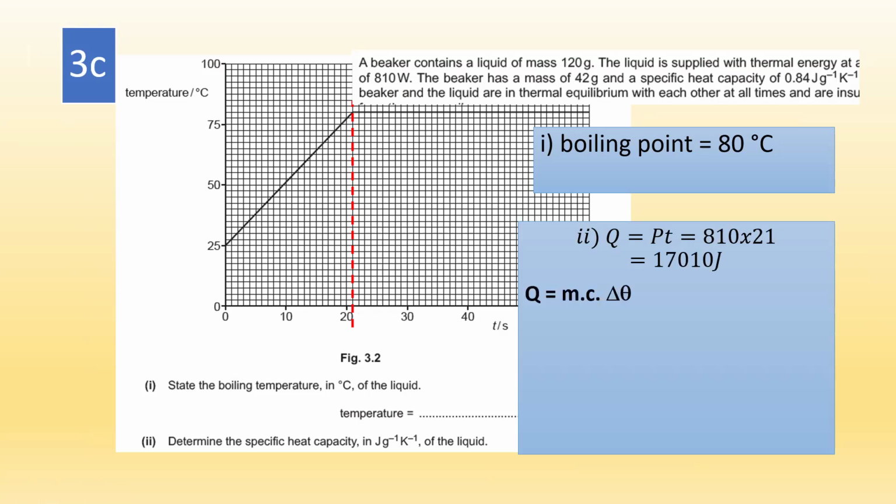Q is mc delta theta. 170 is this one, the beaker times specific heat capacity, and this is the liquid times the specific heat capacity. Change in temperature is 80 minus 25. Right? 80 minus 25.